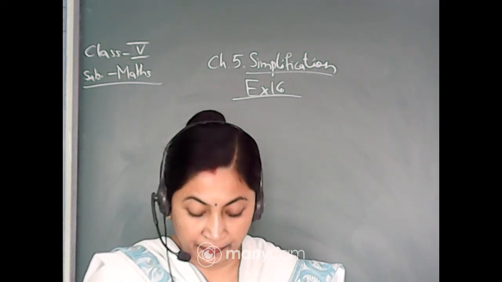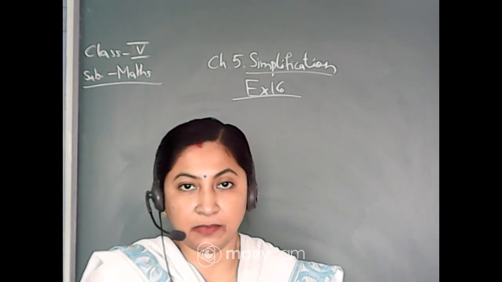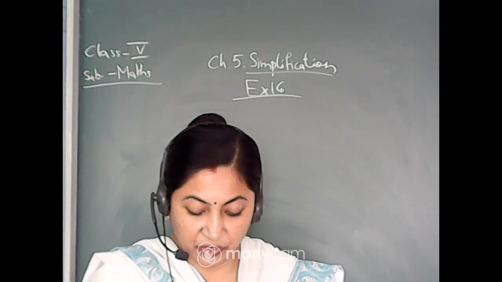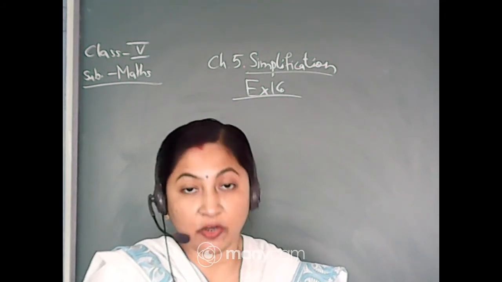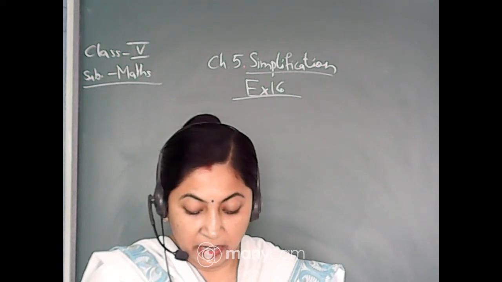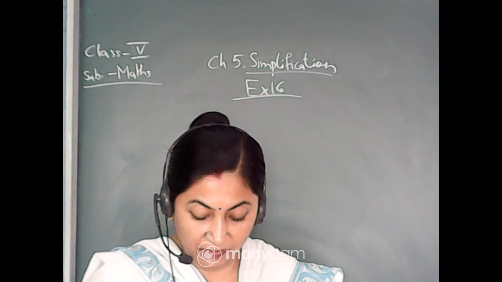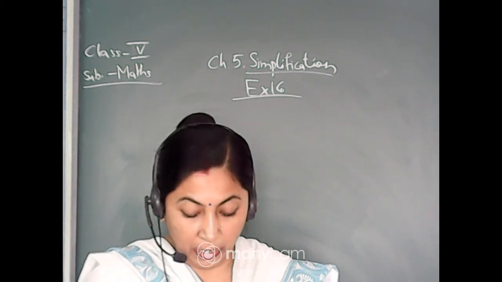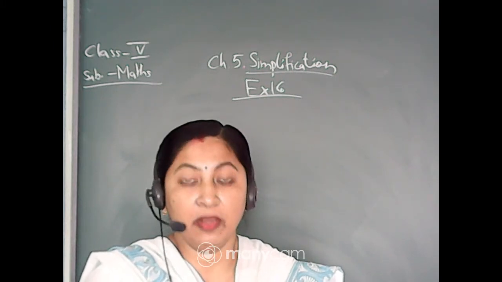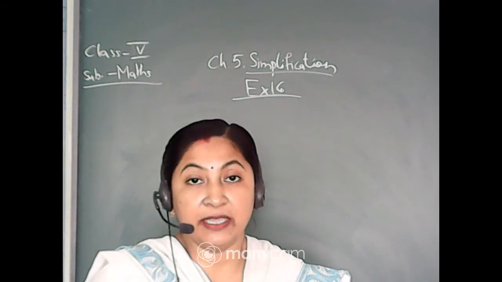You have to solve. Okay, but before that, brackets. See, there are three types of brackets. One is round bracket or small bracket, one is curly bracket or braces, and third one is the square bracket. So you have to solve according to this. One more thing is there, bar.